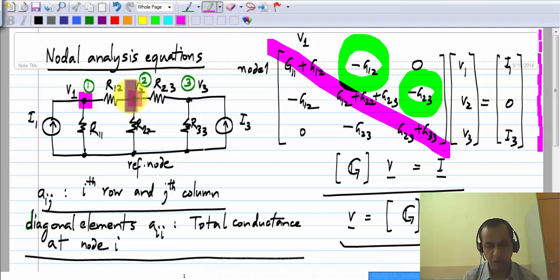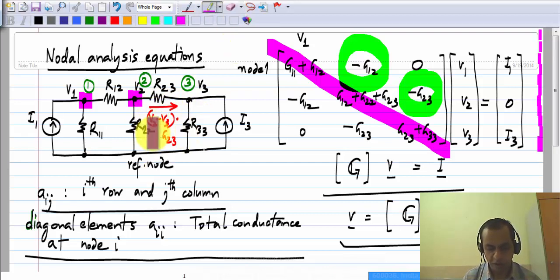When you write Kirchhoff's current law equation here and look at the term for the current through this resistance R23, what do we have? We are writing currents flowing away from this node. So currents flowing away from this node through R23 would be V2 minus V3 times G23.